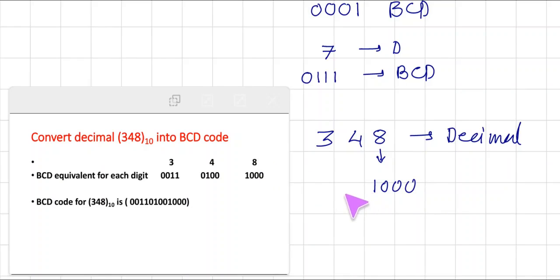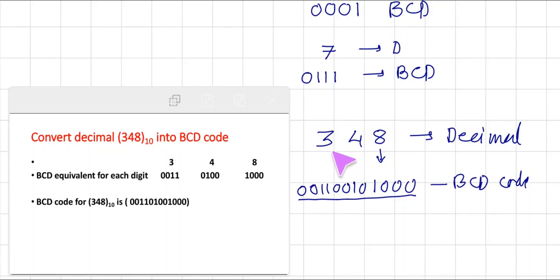The 4 is written as 0, 1, 0, 0 and 3 can be written as 0, 0, 1, 1. Now this complete figure gives the BCD code for the 348 decimal number. So this way we can convert a decimal number into the corresponding binary coded decimal system.